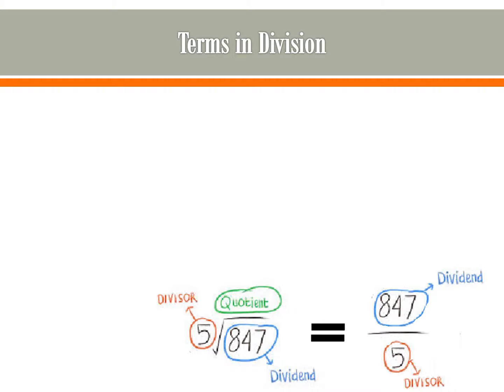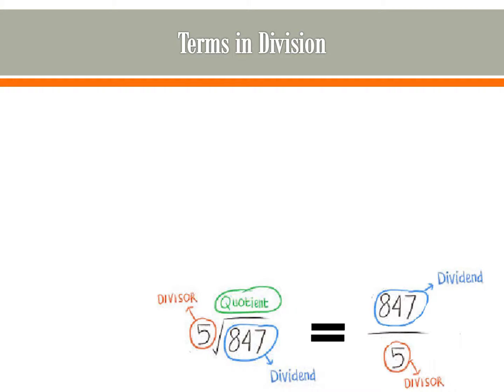The other way is actually as a fraction. Fractions are a division problem. So when you have 847 in the numerator divided by 5, and you think it's just a fraction, that's actually a division problem as well. So don't be scared when you see that. Those are the two types of division problems.